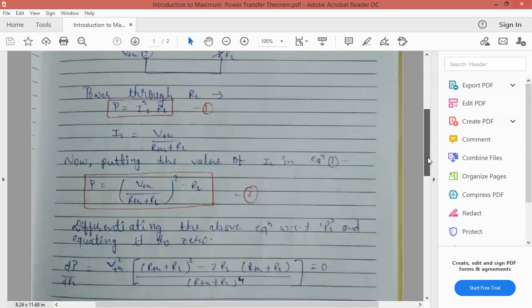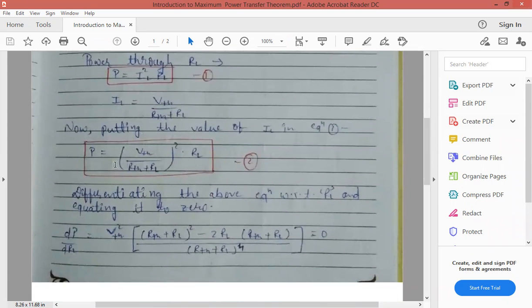Now we will differentiate this equation with respect to RL and equate it to 0. So dP by dRL will be VTH square into RTH plus RL whole square minus 2RL bracket RTH plus RL, upon RTH plus RL whole power 4, equals 0.